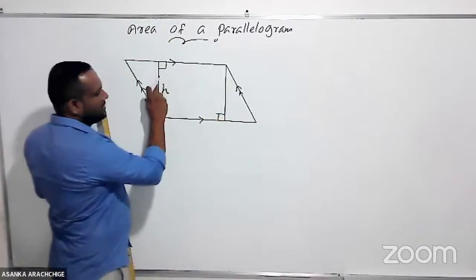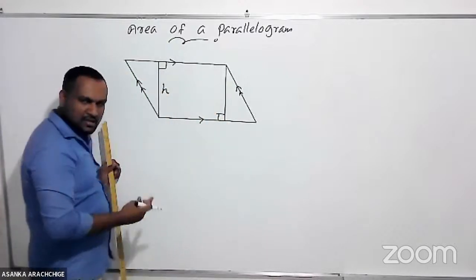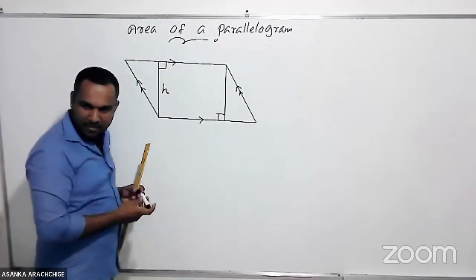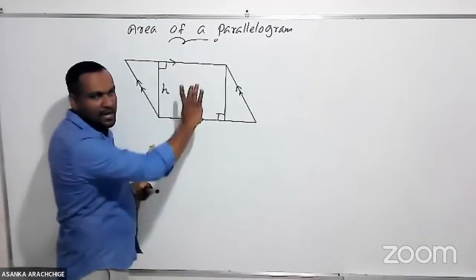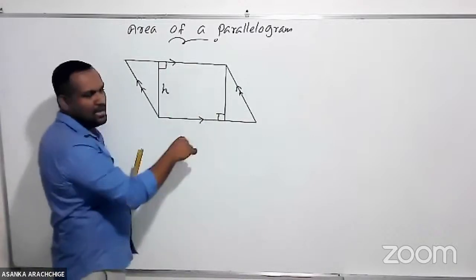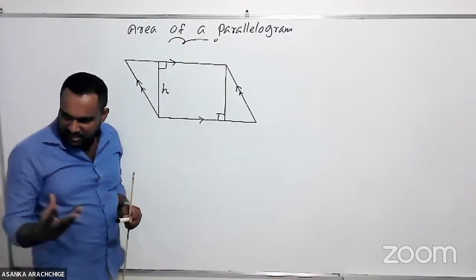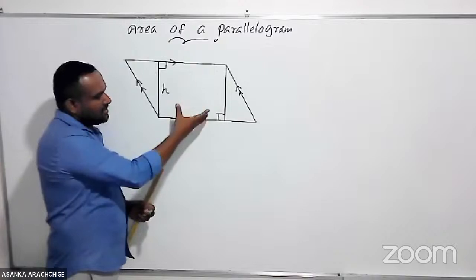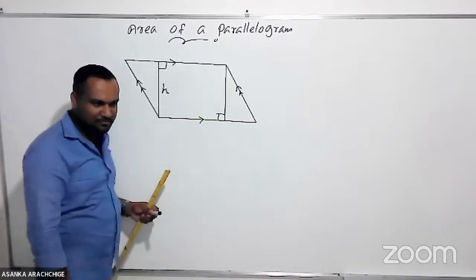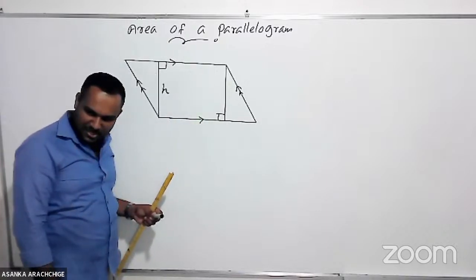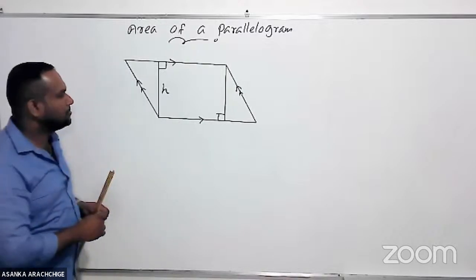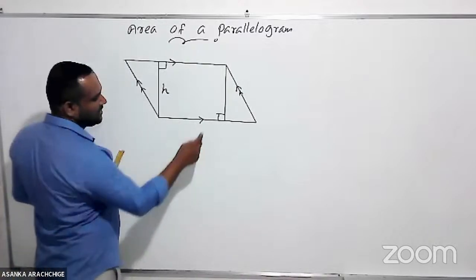Equal. Is this equal to this? Yes, because they are parallel. Parallel means the perpendicular distance between the lines is constant. Understood? That is why they are parallel. If this distance changed, they would not be parallel. Right? Now listen.